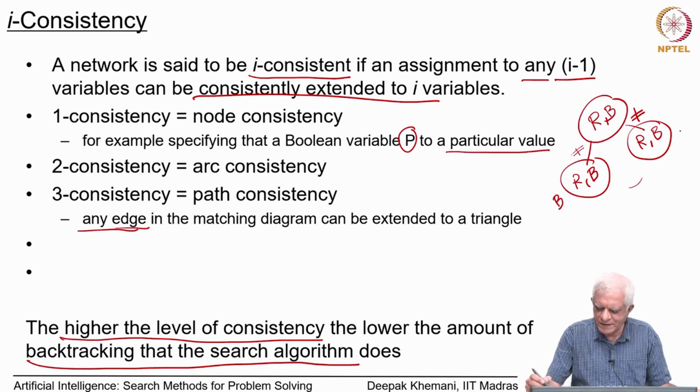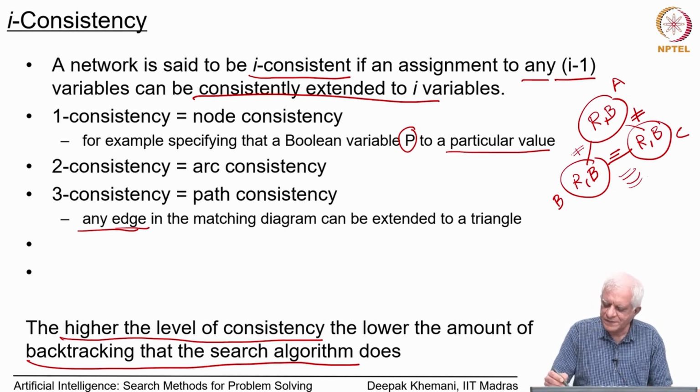So, let us call them variables B and C. There were 4 edges between B and C to start with, because we said that it is a universal relation, and once we make this path consistent, only 2 of them will remain, and the 2 will be such that this relation will become equal to. So, if you choose red for A, you will have to choose blue for both B and C. If you choose blue for A, you will have to choose red for both B and C. Alternatively, if you start with B and if you choose red, then you will be forced to choose red for C also, and so on.